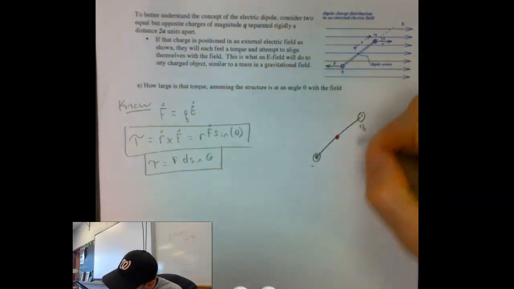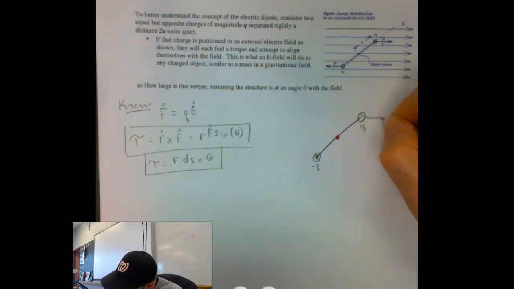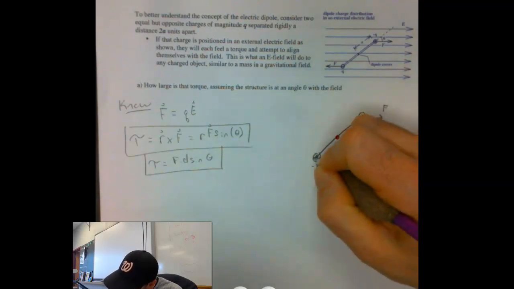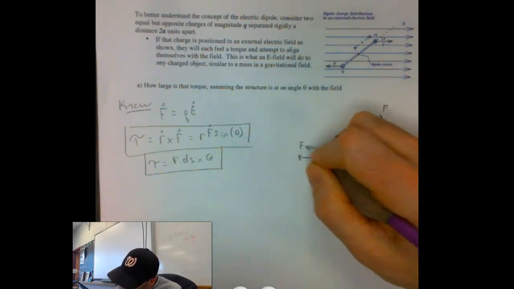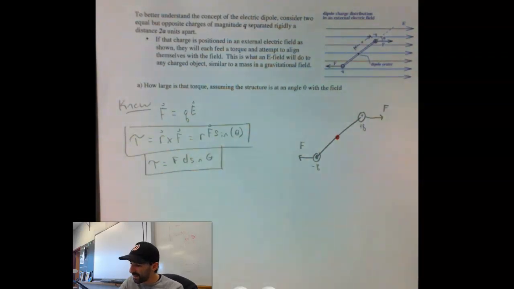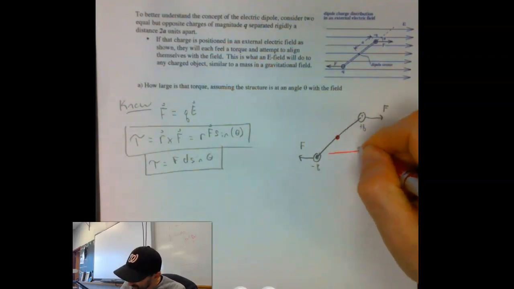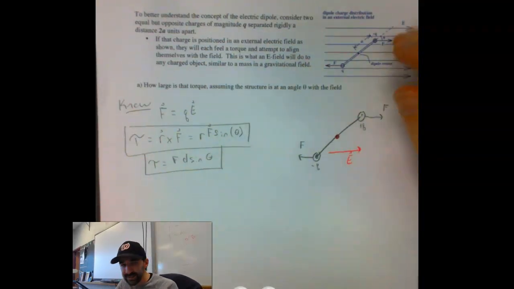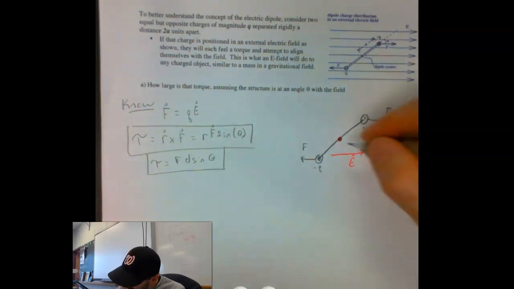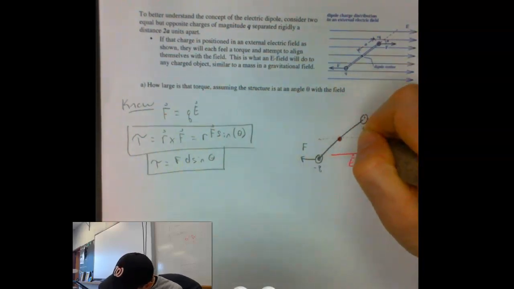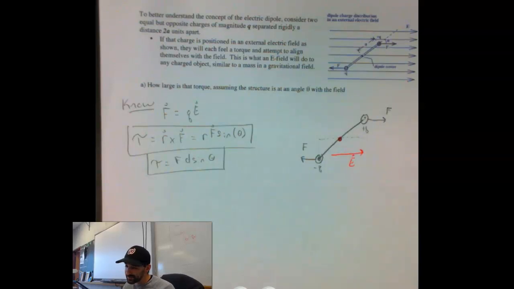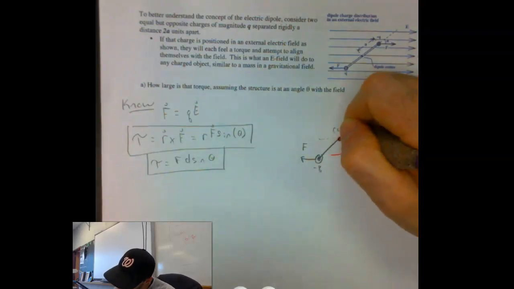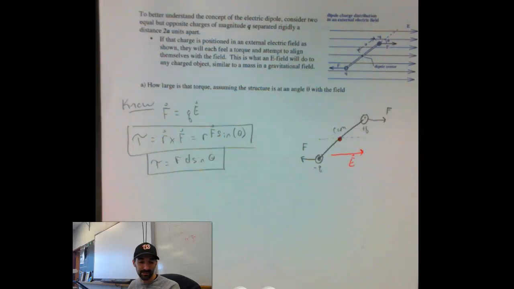I'll call that a positive Q. Let's call that a negative Q, with a force going that way, a force going that way. And based on my picture, that is going to be my electric field. So this is what we're examining here. I know this is my center of mass. Maybe that'll be useful just to understand how this whole system is going.